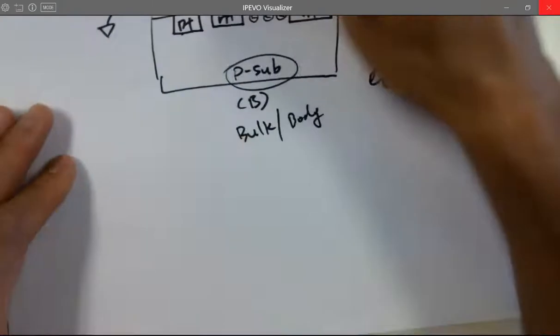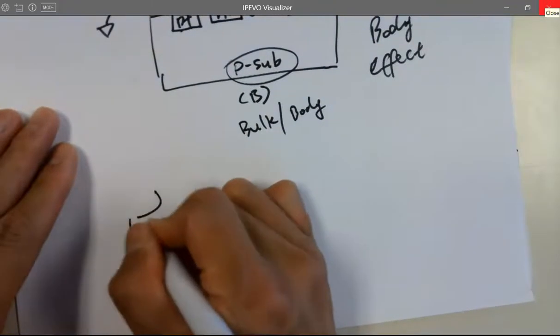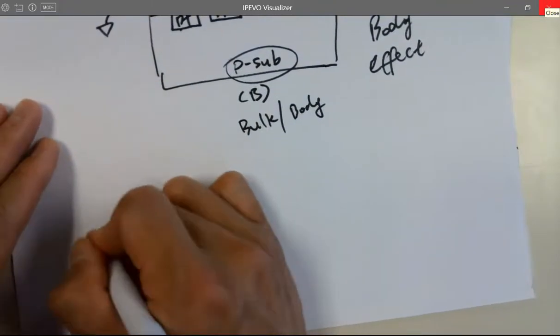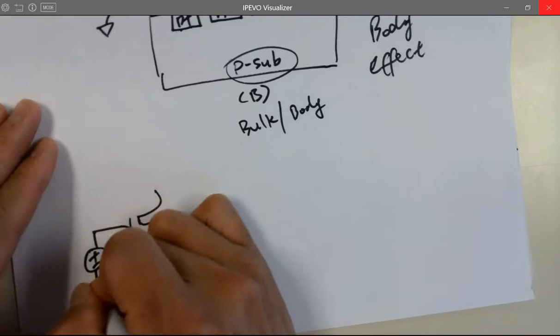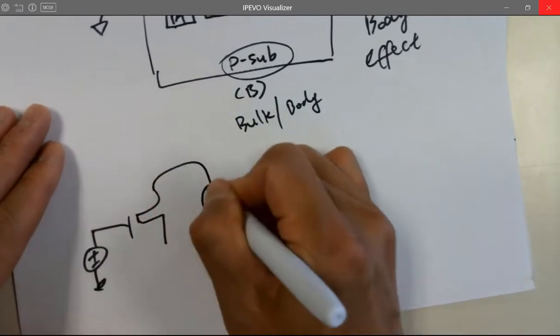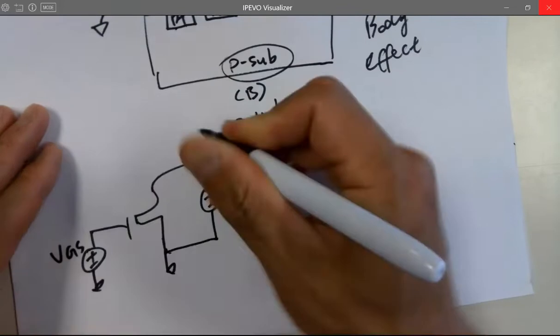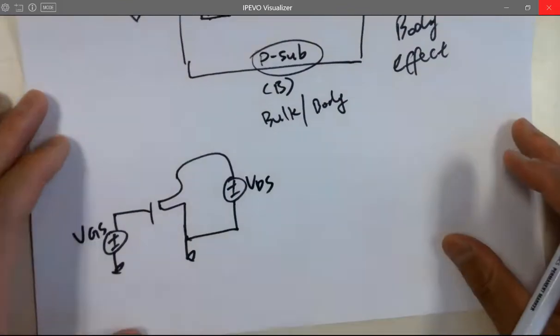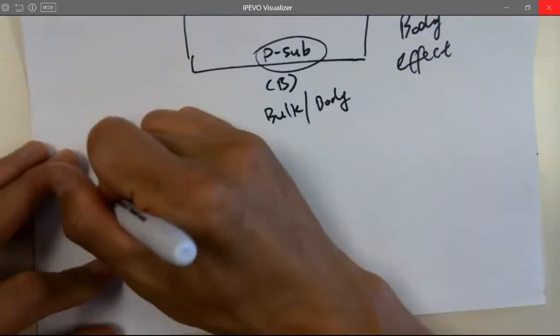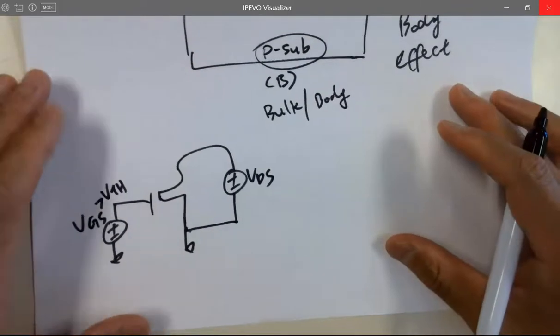For the NMOS transistor, this is called VGS, the VDS. So VGS must be larger than VTH to turn it on.